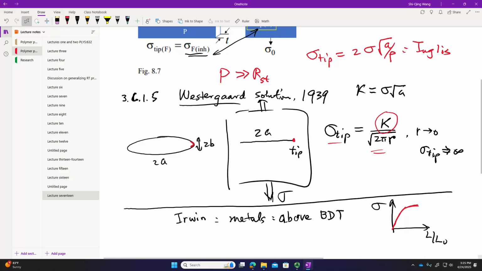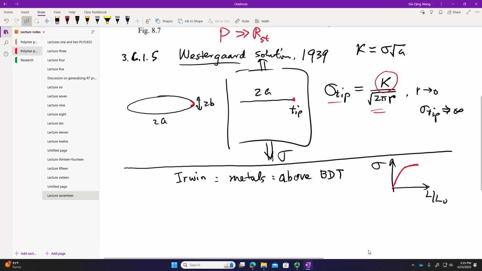In fact, Irwin simply says something very trivial: you keep loading, that is, you keep going up, and as I move R towards 0, my tip stress goes to infinity. What stops it is there must be a yield stress.